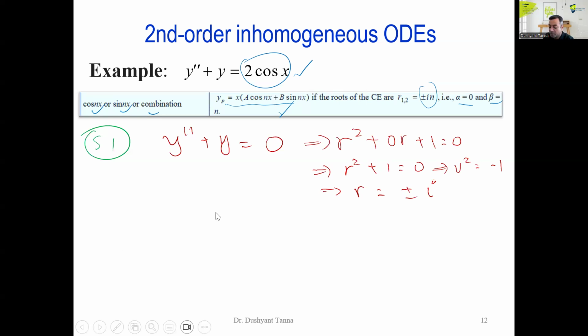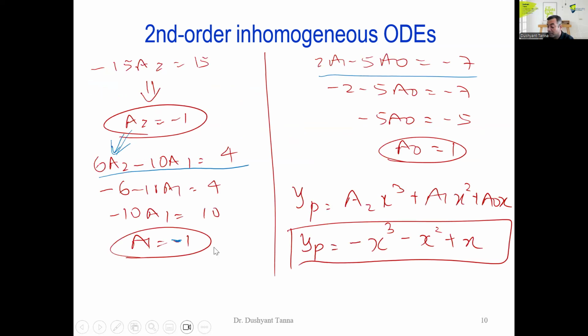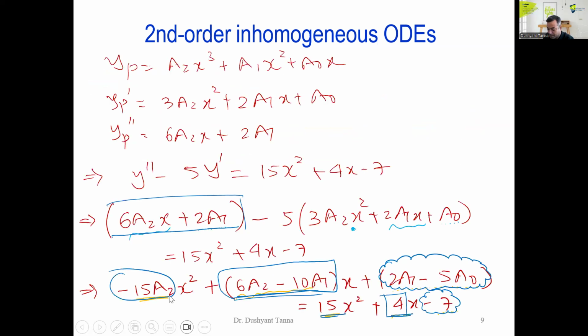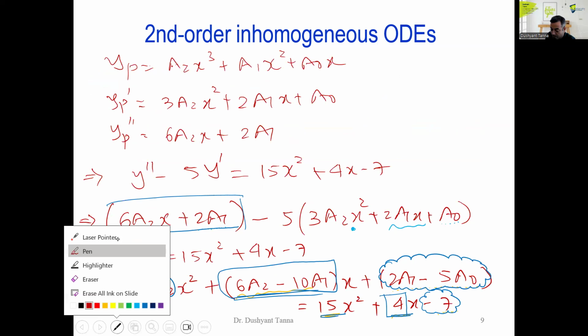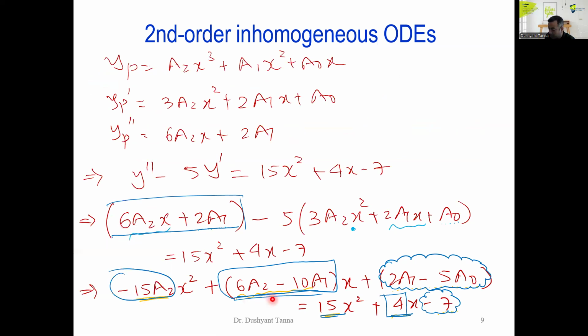The previous question which we solved by back substitution, you can easily form a nice matrix, right? You got three equations to compare, isn't it? Minus 15a2 is 15, right? 6a2 minus 10a1 is 4, right? And then you got 2a1, the third bit, right? 2a1 minus 5a0 is minus 7.